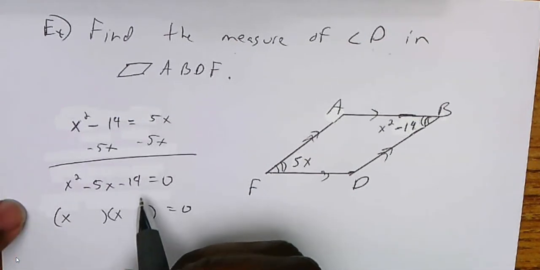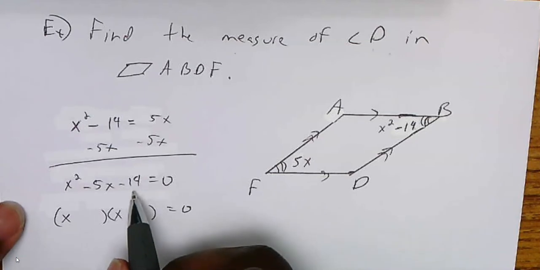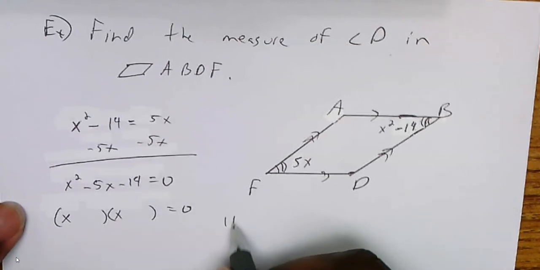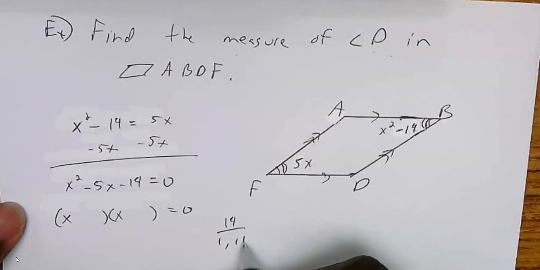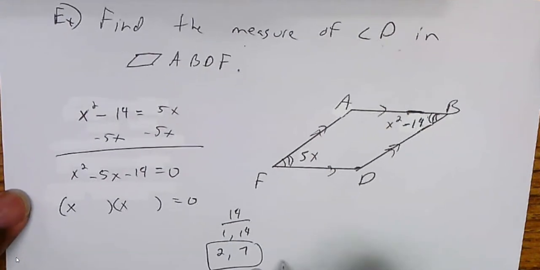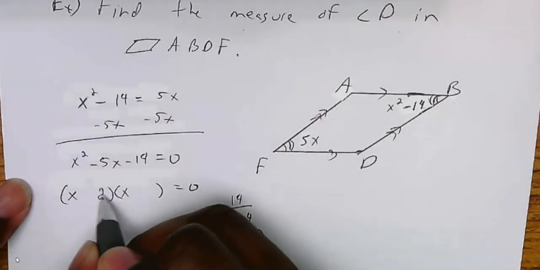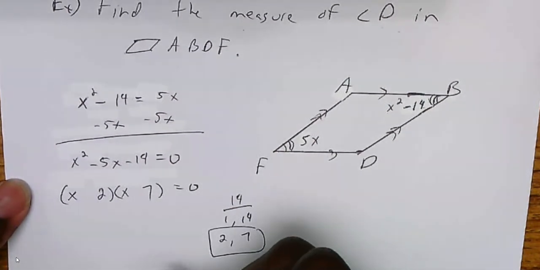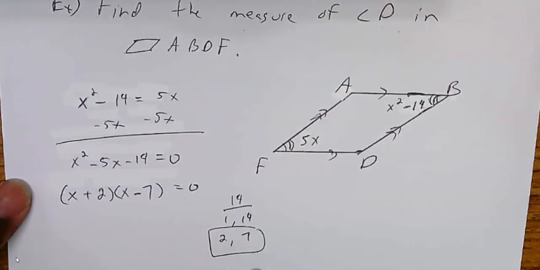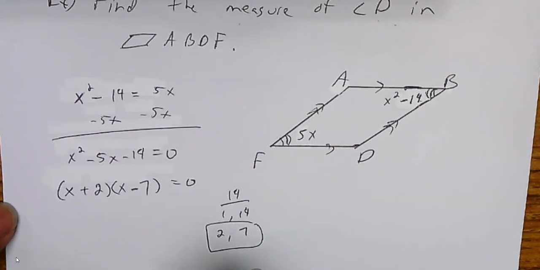And you're essentially looking for numbers that multiply to be 14, add to be 5. Numbers that multiply to be 14 are 1 and 14, and 2 and 7. So 2 and 7 could add or subtract to be 5. So I'm going to use 2 and 7. To make them become a negative 5, the 7 needs to be negative, and 2 needs to be positive. So my factors are x plus 2, x subtract 7.